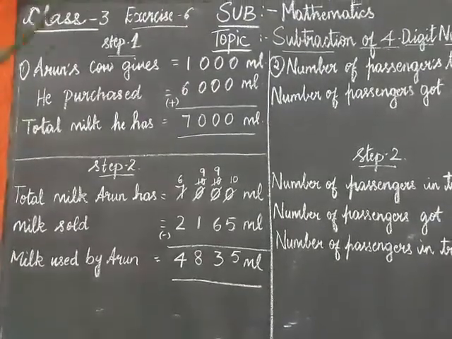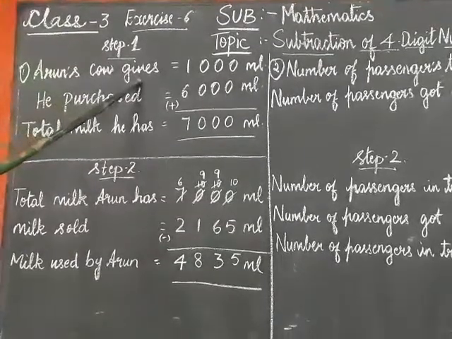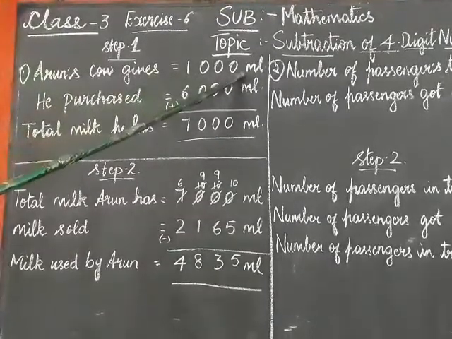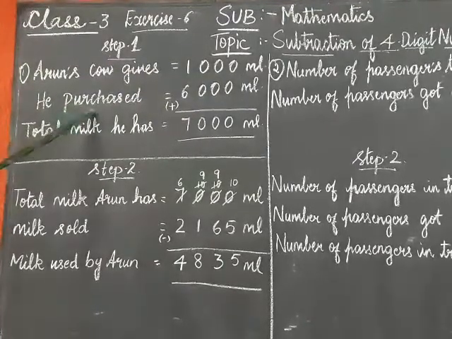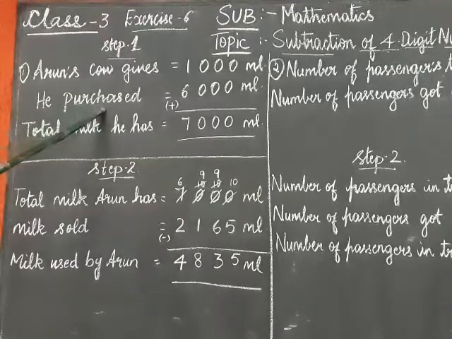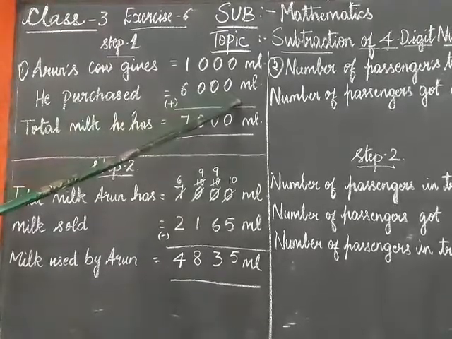The first step here is Arun's cow gives how much? 1000 milliliters of milk. Next, he purchased. How much did he purchase? He purchased 6000 milliliters of milk.